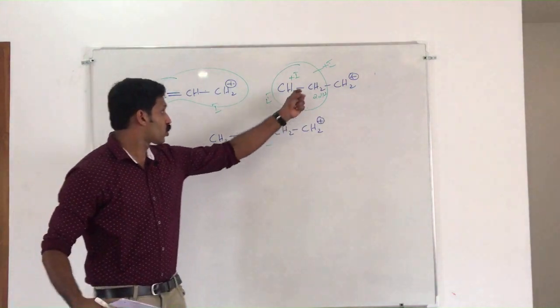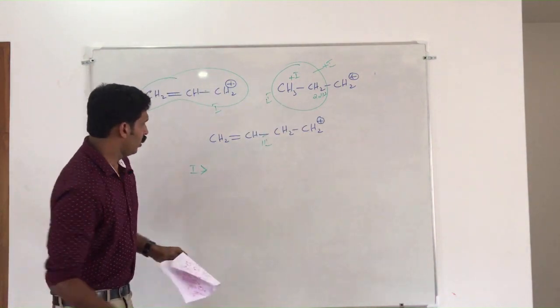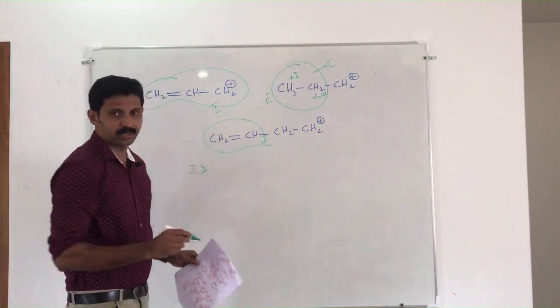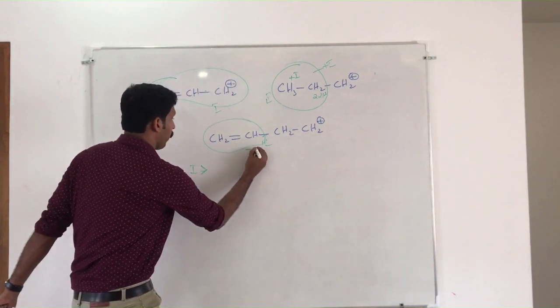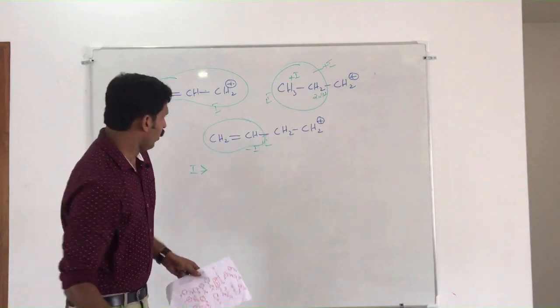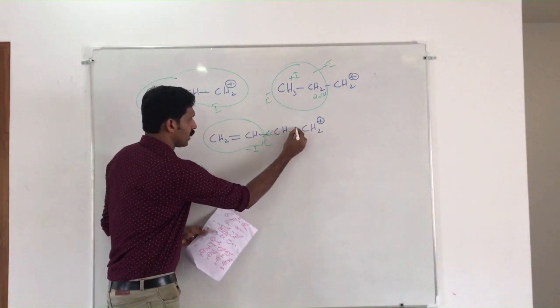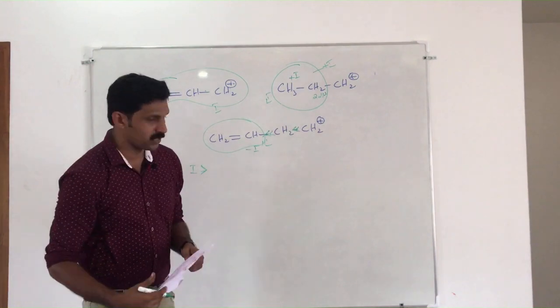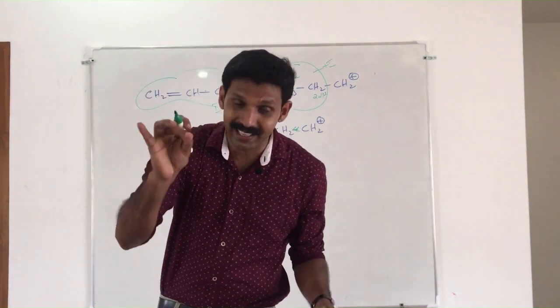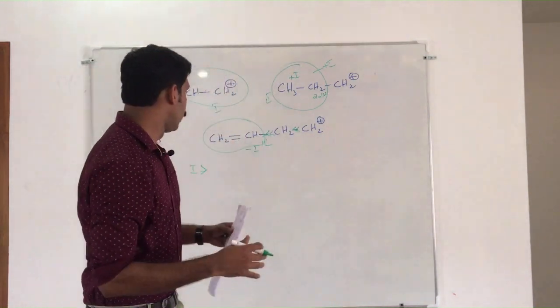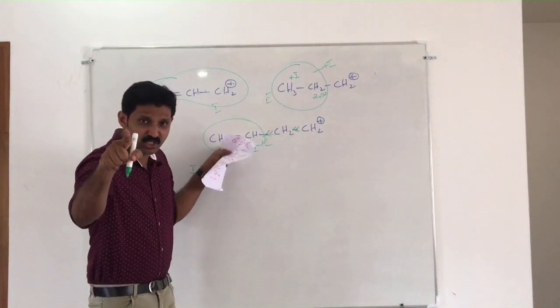Next is 2 and 3. I have already told you that the alkenyl group has a minus I effect. Therefore, it will pull the electron pair from CH2+. Definitely, the positive charge on the CH2+ increases and destabilizes it. Therefore, it is the most unstable.